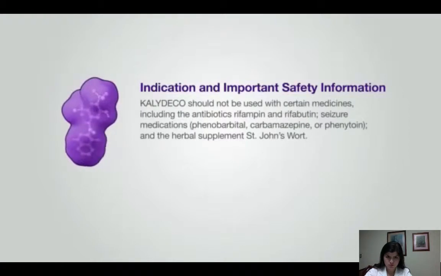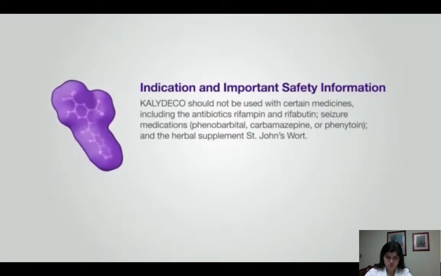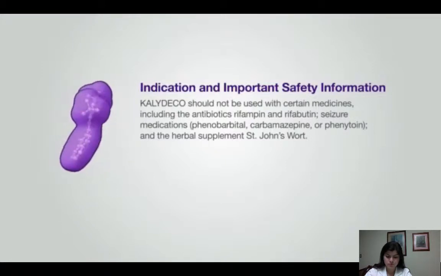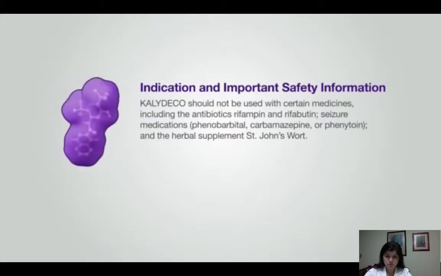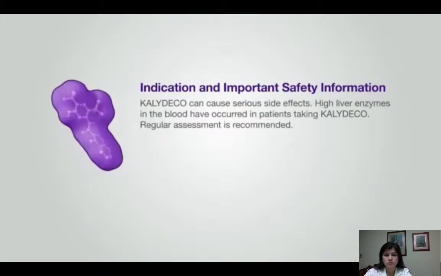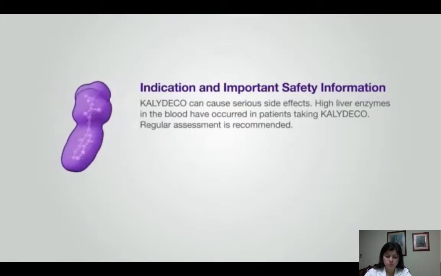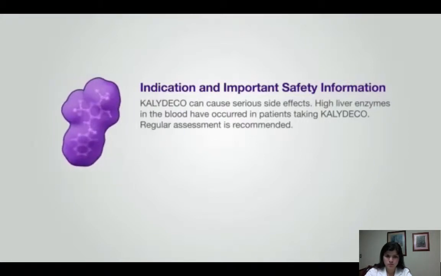Kalydeco should not be used with certain medicines, including the antibiotics rifampin and rifabutin, seizure medications phenobarbital, carbamazepine, or phenytoin, and the herbal supplement St. John's wort. Kalydeco can cause serious side effects. High liver enzymes in the blood have occurred in patients taking Kalydeco. Regular assessment is recommended.